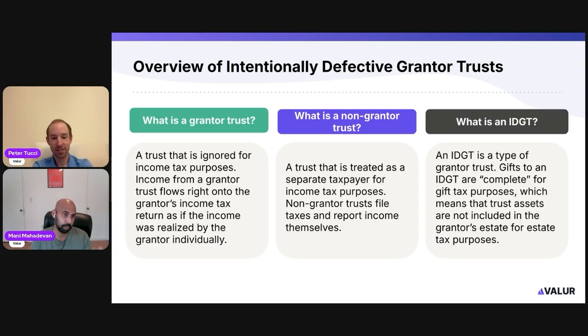We'll jump into why this is so powerful, but important context is, correct me if I'm wrong, Peter, IDGTs are the most popular estate tax planning structure that's used. Yeah, no one keeps numbers on this, but it's probably the most common estate tax vehicle out there. Super popular, very easy to maintain, and very flexible.